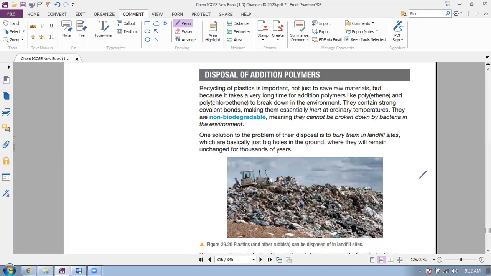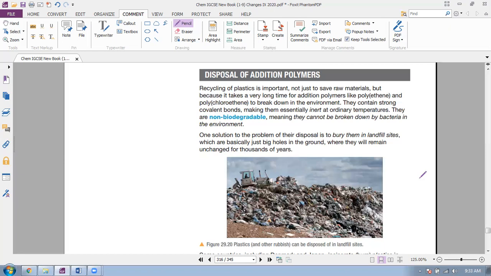Burning is not a good solution, because if we burn these plastic materials, it would produce carbon dioxide and carbon monoxide gas into the atmosphere, which is harmful, because carbon dioxide and carbon monoxide are greenhouse gases. They are responsible for global warming.